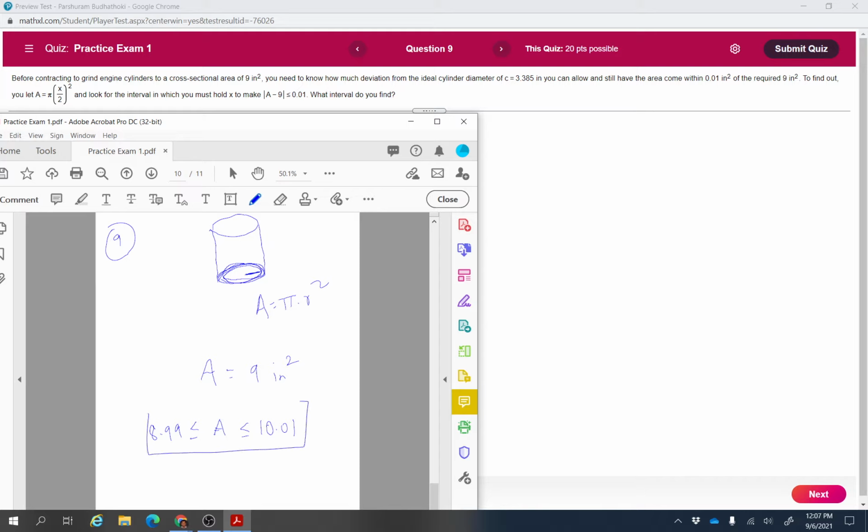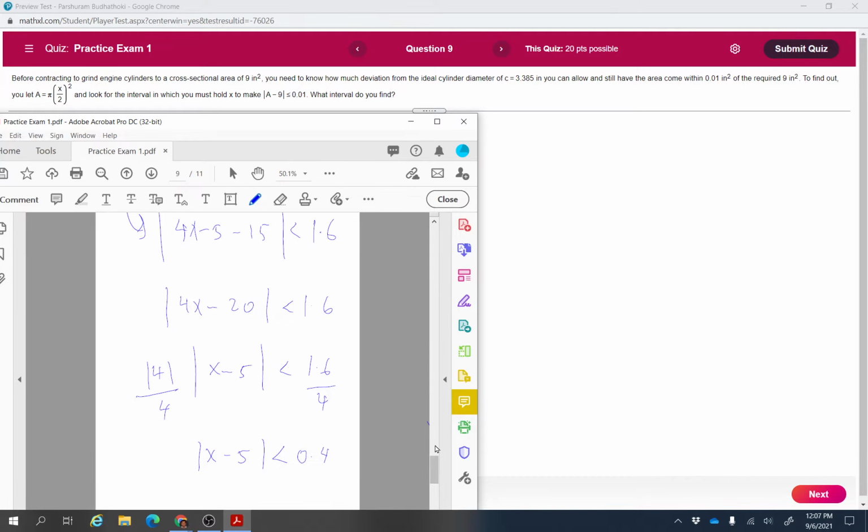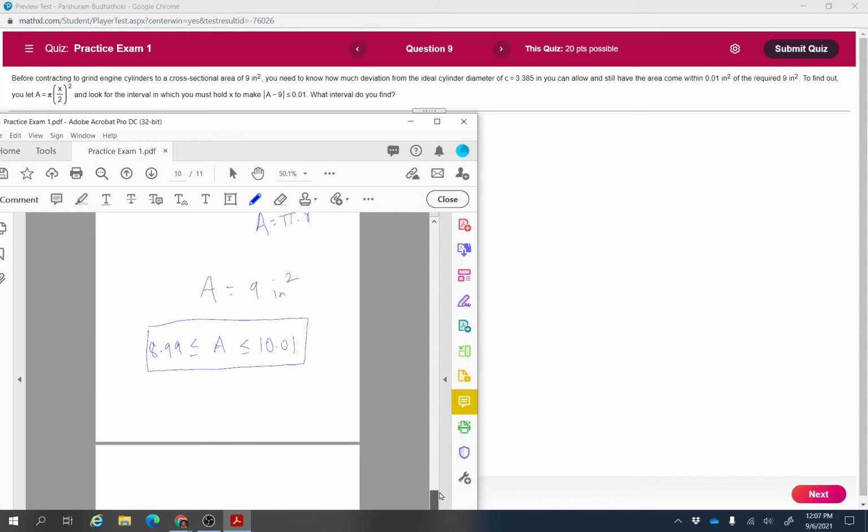That's okay. But we need to find out the value of x. Here x is the diameter. Diameter divided by 2 is the radius, so the cross-section area would be pi r square. We need to find the range of x such that the area might be anything in between 8.99 and 9.01.